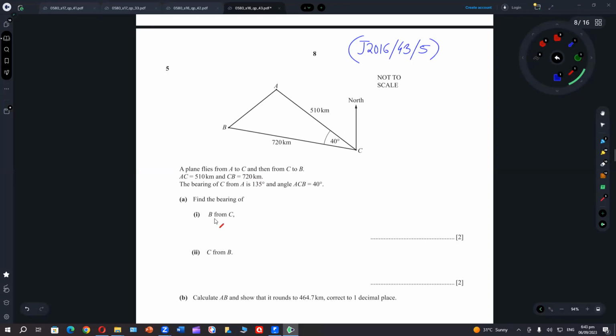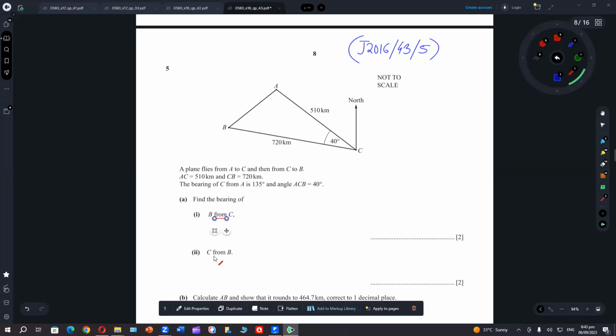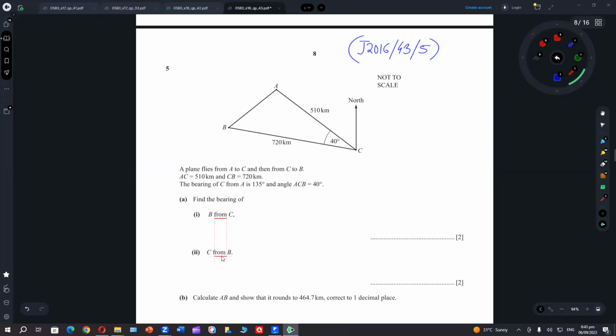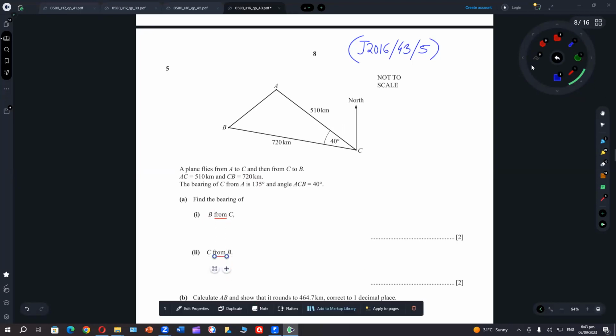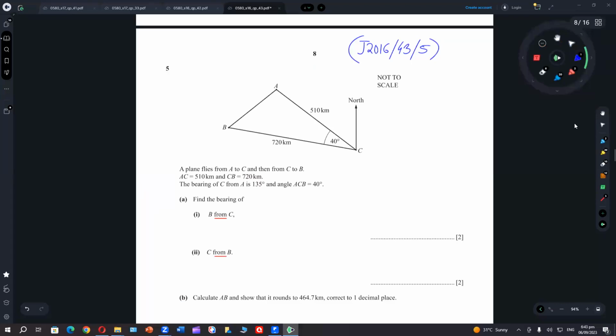The north line always comes after the word from. So from C, north is already there on C. B from C, so I make the angle. This is the angle. I made a question mark. You have to find this.